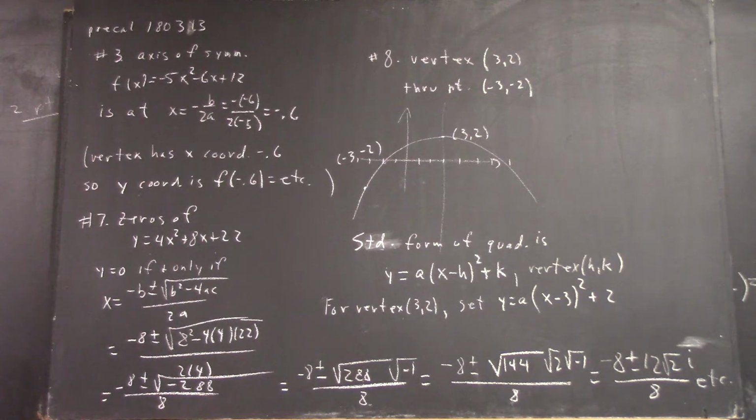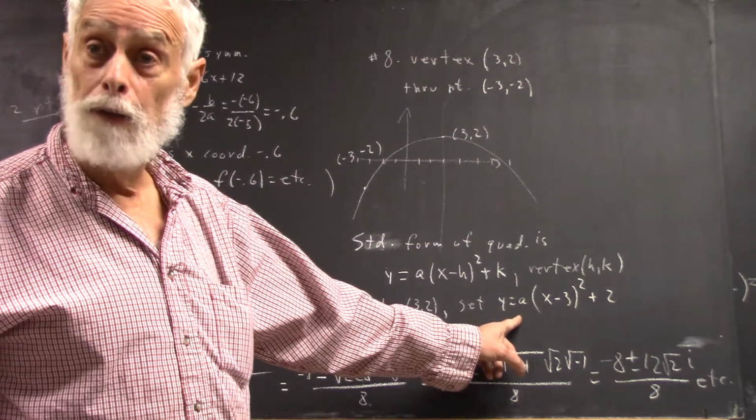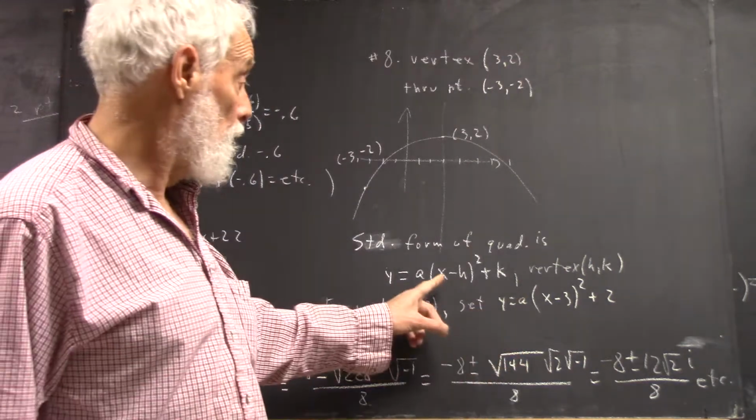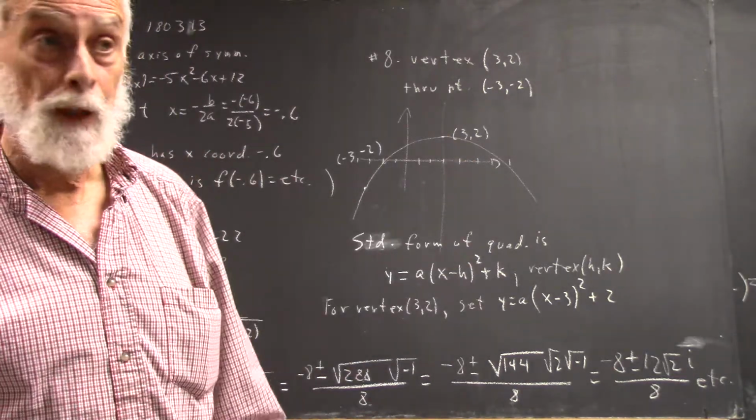Now what is it we still need to find? To find the function, we need to find the value of a, right? But we know h and k because I told you what the vertex was. Make sense?